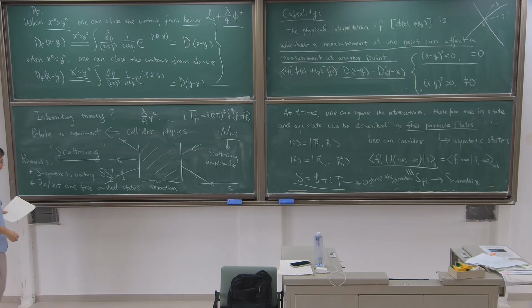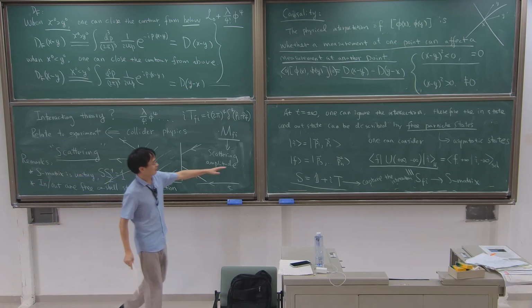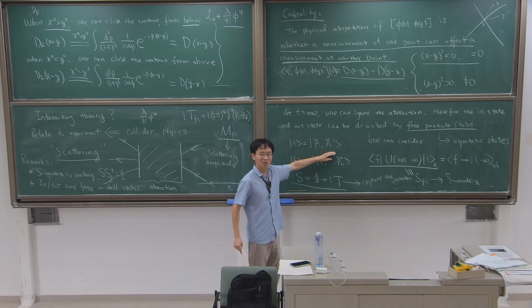And this state lives in Fock space, which we learned last week. So that's just a free particle state, and we know how to create that kind of state by using the a_p dagger operators. You can apply them many times. If you need two particles, you add it twice: a_p1 dagger, a_p2 dagger, acting on the ground state.